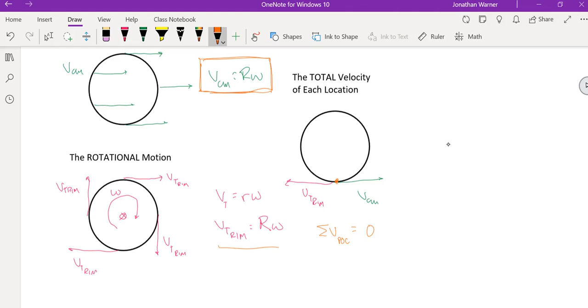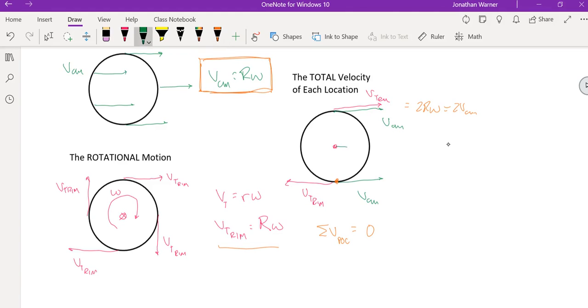Now, we could also look at the velocity of different locations. The top is moving that direction in terms of center of mass motion. The top is also moving that way in terms of tangential speed relative to the center, V_T rim. So the speed up there is the sum of these two vectors. It's 2r omega, or really 2 times the center of mass speed.